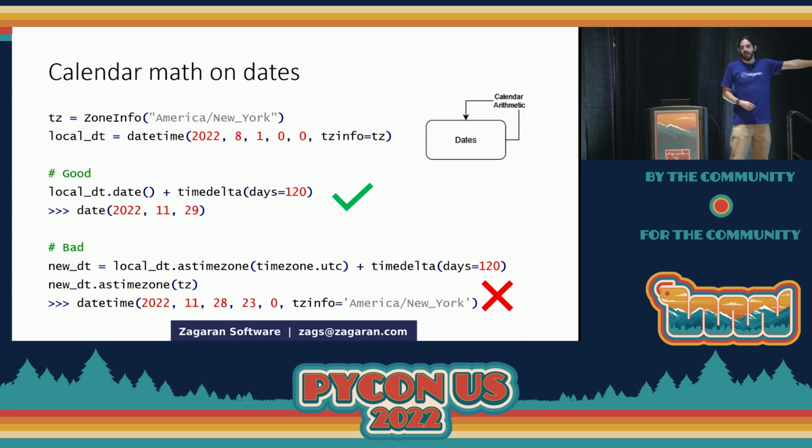If we do that, we end up a day early with 23 hours hanging out, and if you call date on that, you're going to be missing a day due to rounding errors. So really, this is what you actually want to do. The rule: if you've got dates, do date math on dates. If you want to do time math, do that on UTC datetimes.